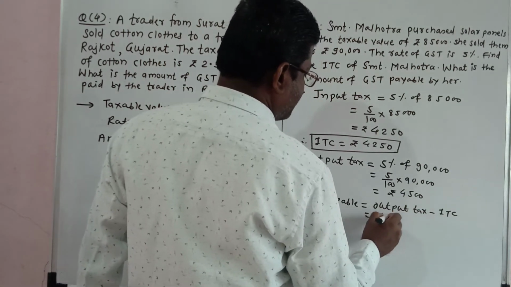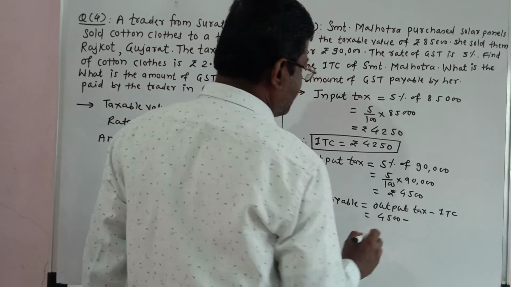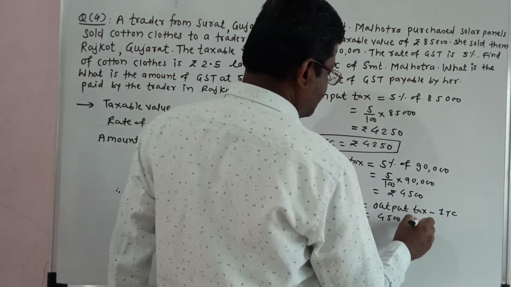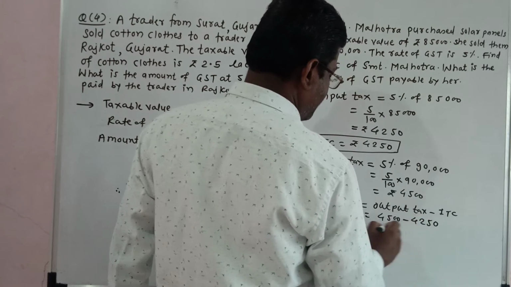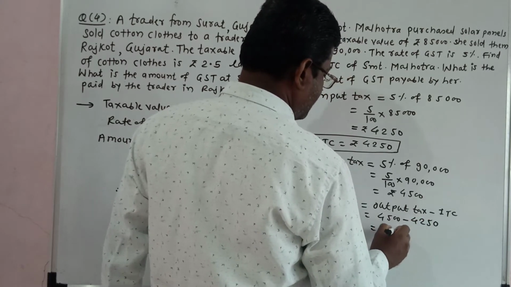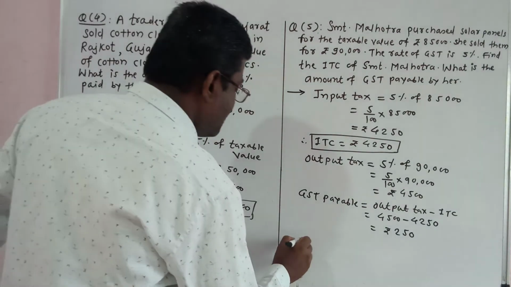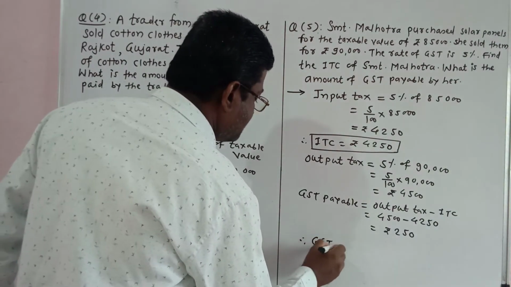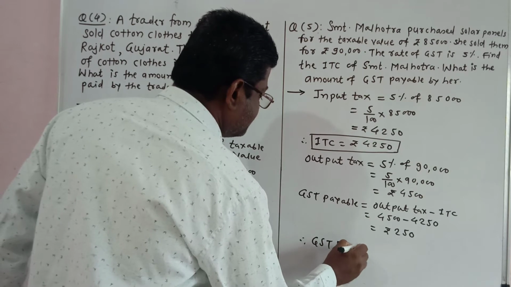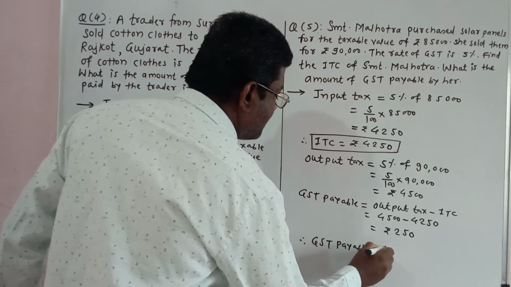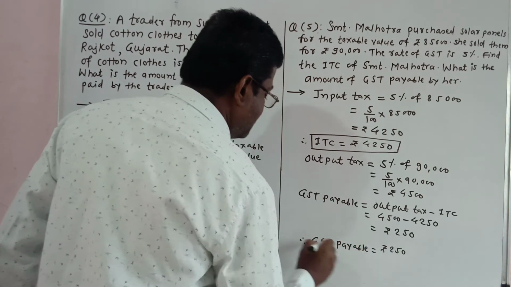Output tax is 4,500 and ITC is 4,250, so it is equal to rupees 250. Therefore, our second answer, GST payable is equal to rupees 250.